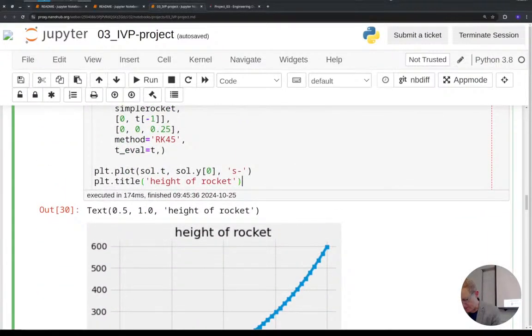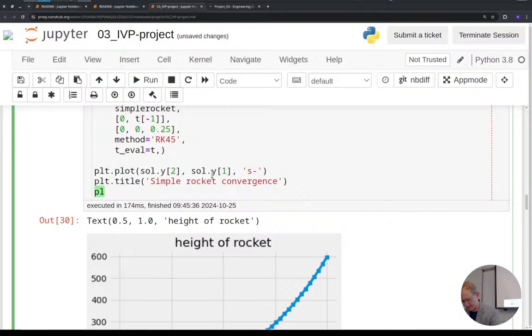So to start off, let's just see what this thing looks like.